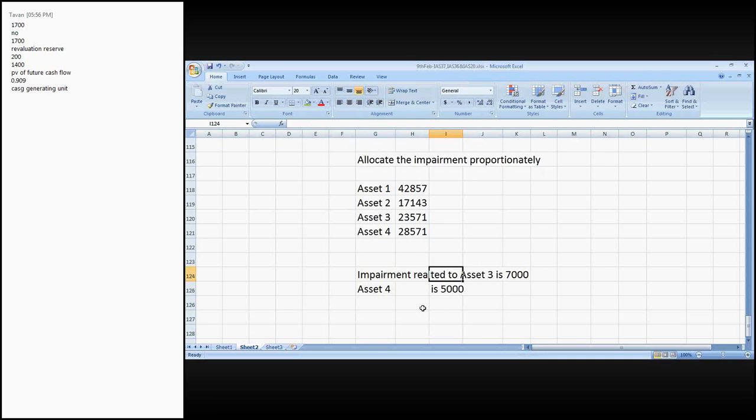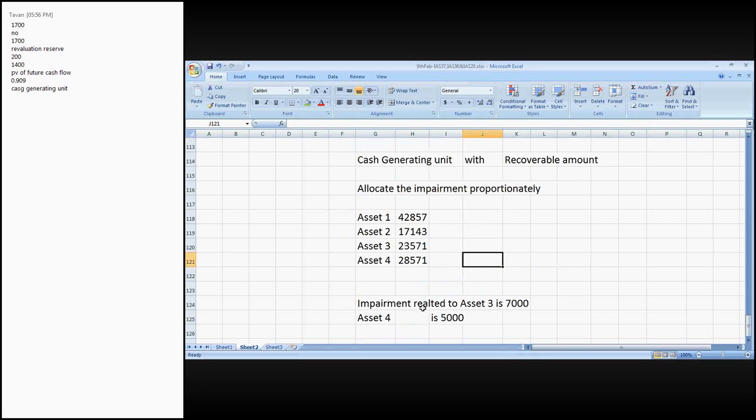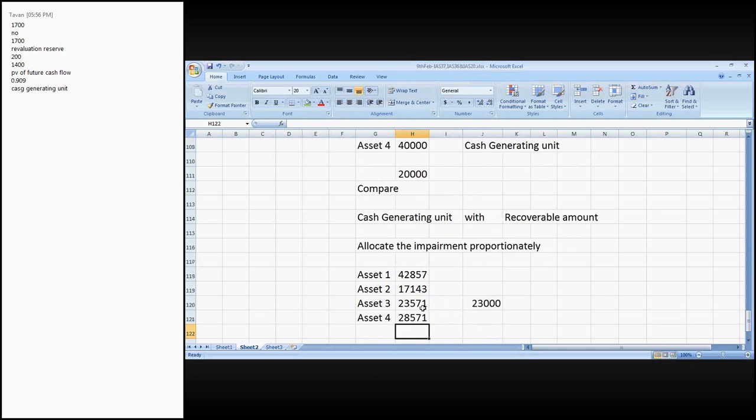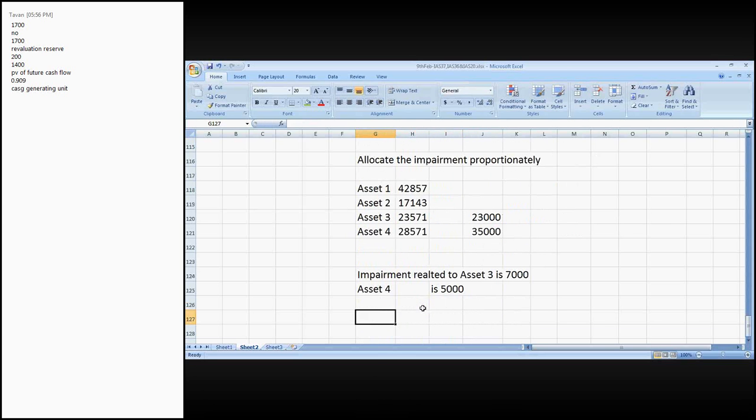So what I'll do is take those separately. Asset 3 was 30,000; it has suffered impairment of 7,000, so the new value will be 23,000. Asset 4 was 40,000; it has suffered impairment of 5,000, so it will be 35,000. But the total impairment suffered is 20,000.